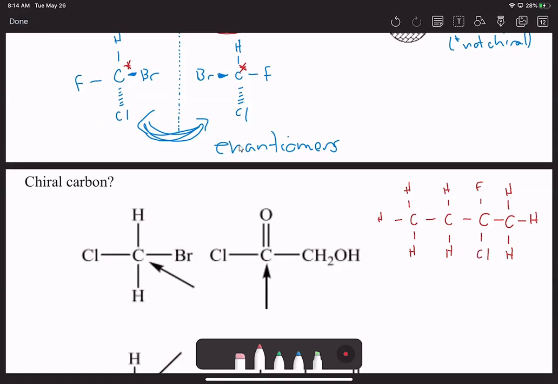All right, so here I have a structure. And we're going to go carbon by carbon. We're going to decide which carbon is chiral and which one is achiral.